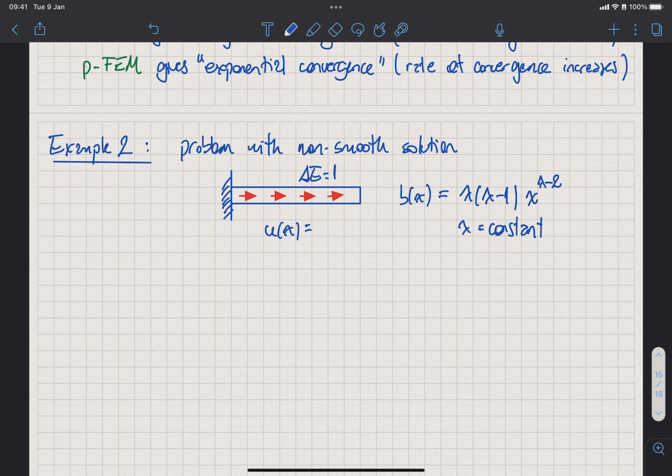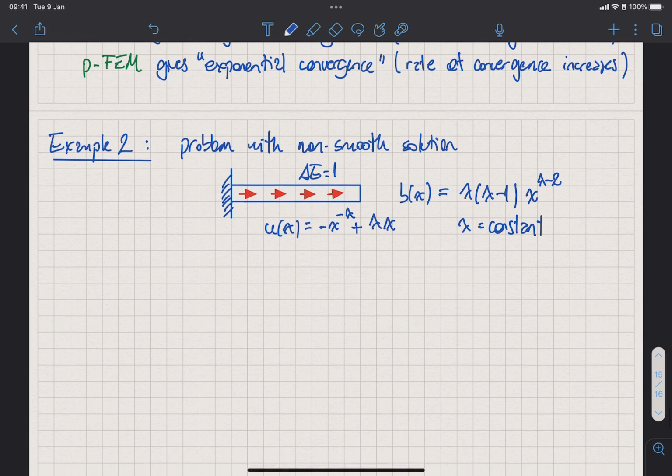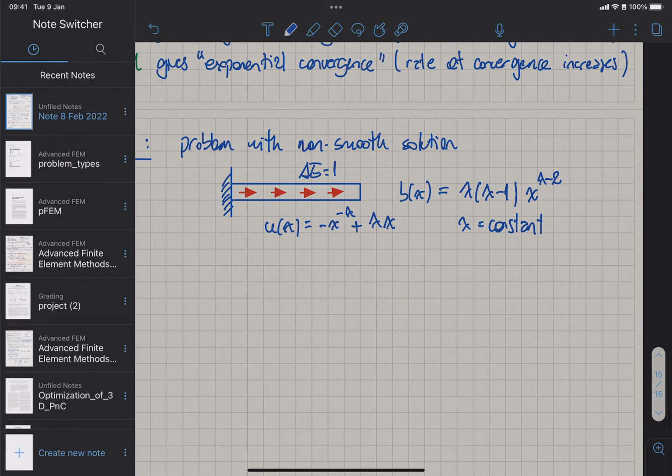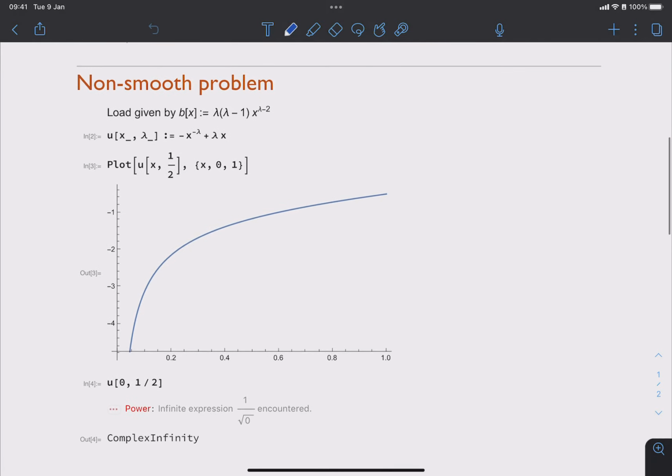Well, the exact solution for that problem is minus x to the minus lambda plus lambda x. And here you have the solution for lambda equals 1/2. And you see what happens.